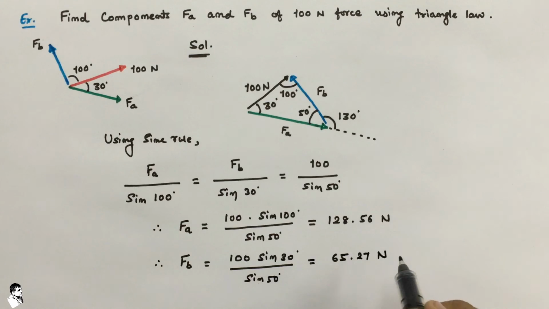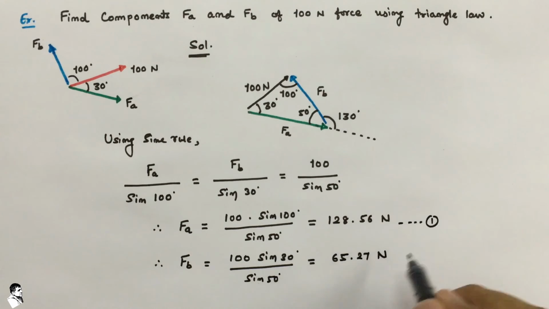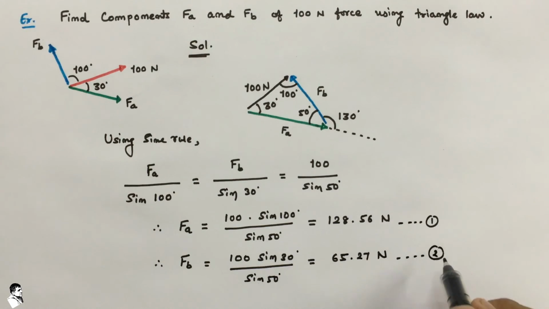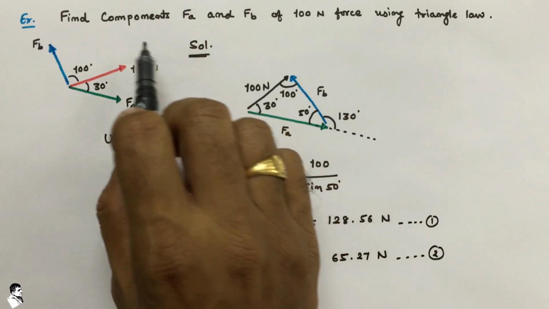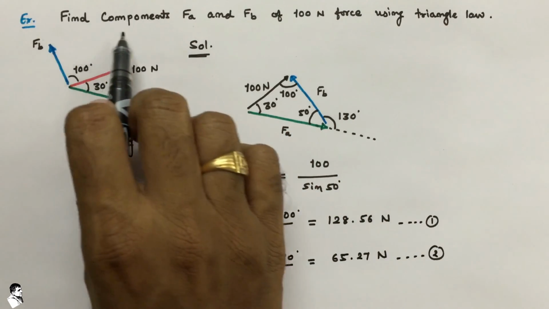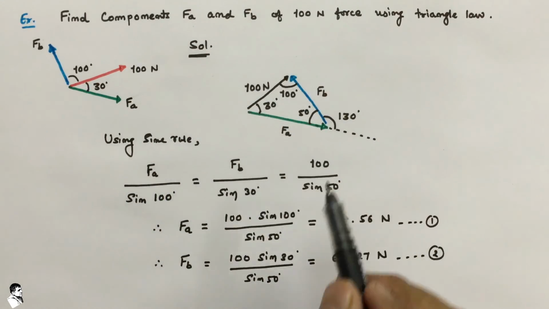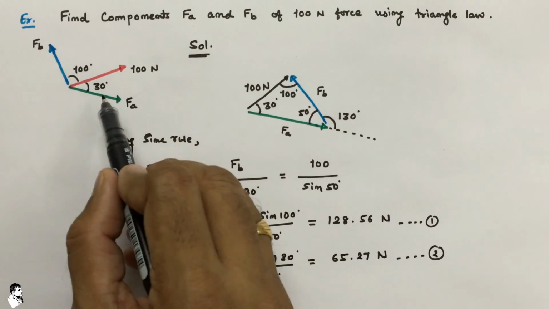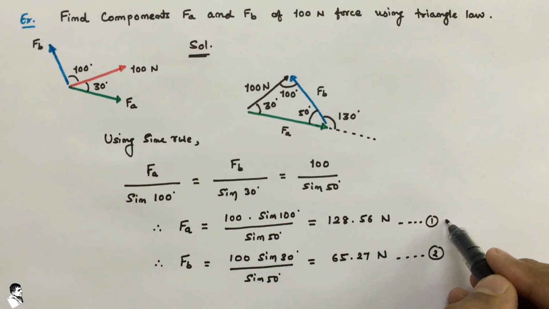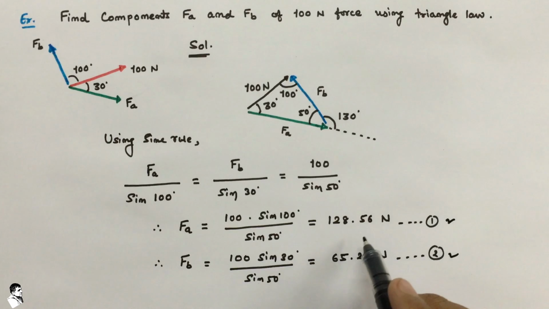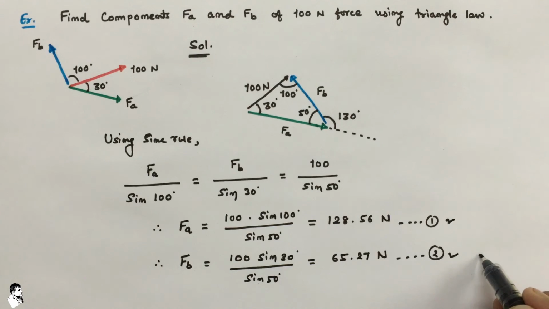Again you sort out, this would give 65.27 Newton. So here we have both the answers available. The question is to find out the components FA and FB of this 100 Newton. So if 100 Newton is the resultant of these two forces, then the two forces are 128.56 and 65.27 Newton. So this is all about the example.